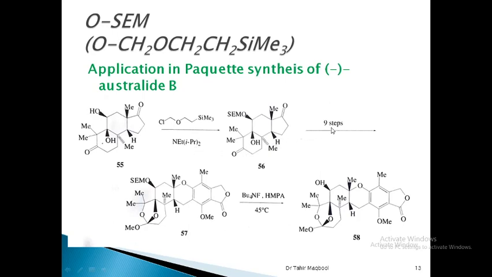Synthetic manipulation over 9 steps gives this 57, which is not our headache. However, the final step is the deprotection of this SEM group by utilizing tetrabutylammonium fluoride in the presence of hexamethylphosphoramide at 45 degrees centigrade. It has yielded the unprotected hydroxyl group again.